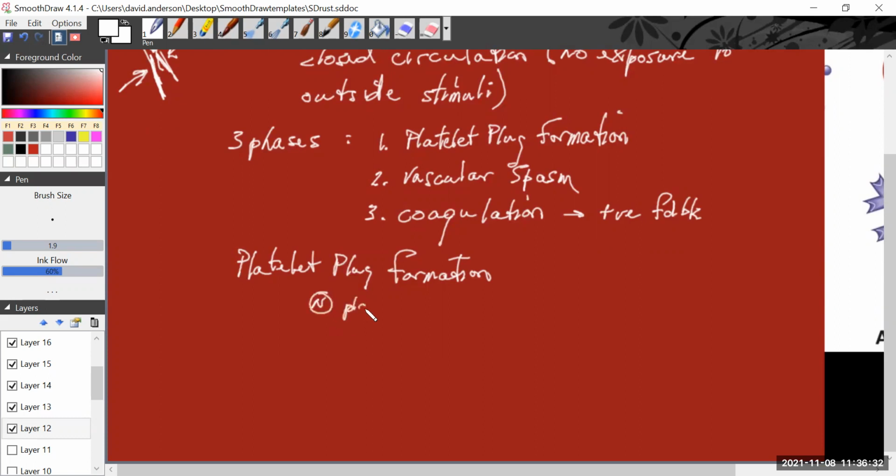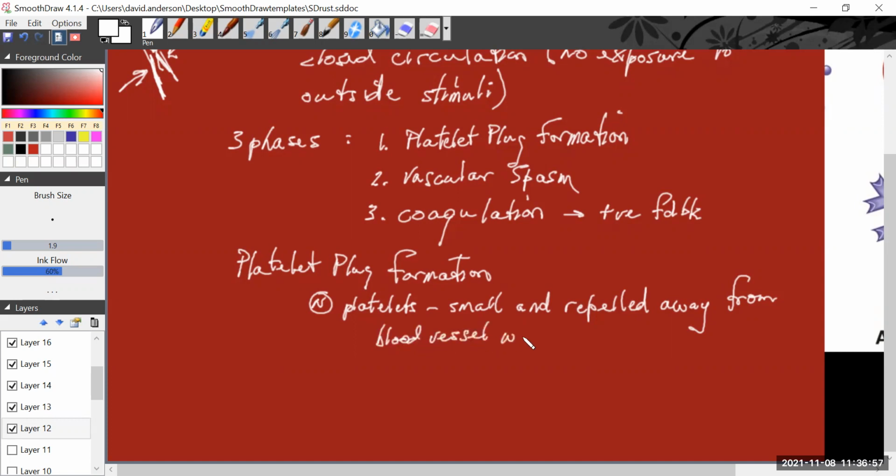normal platelets are small and repelled away from blood vessel walls, which is called an endothelium.